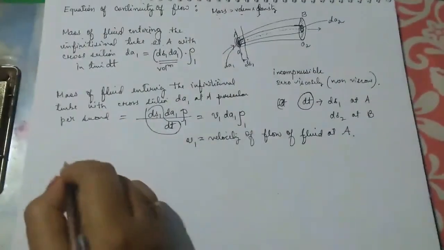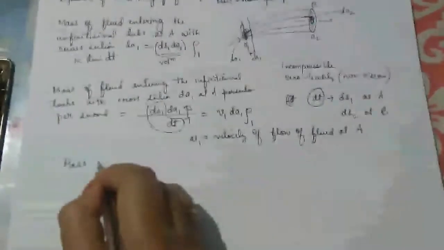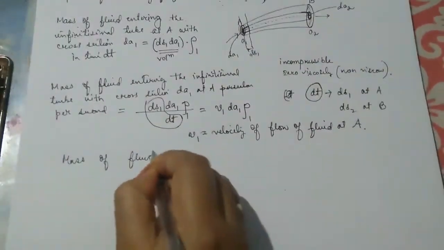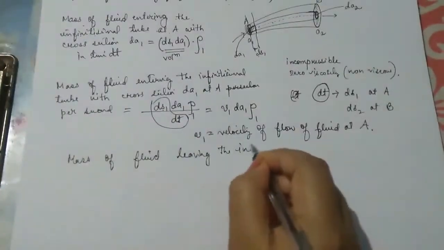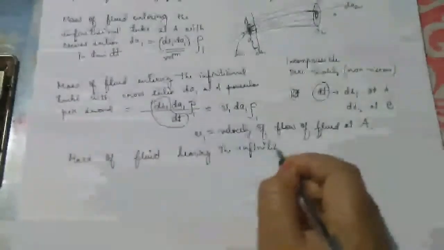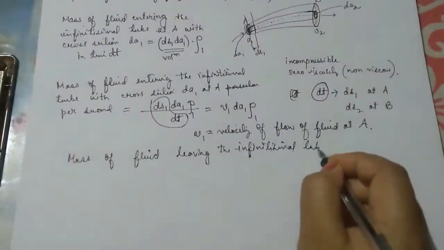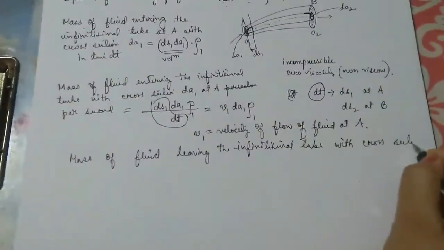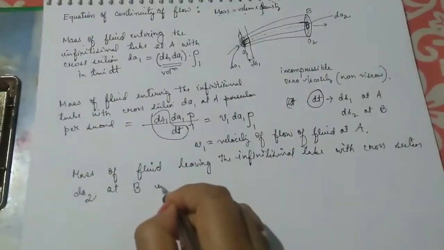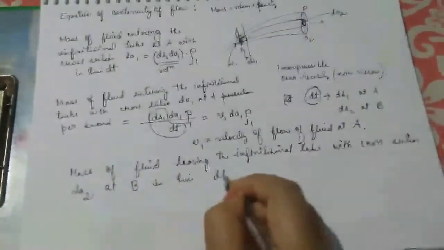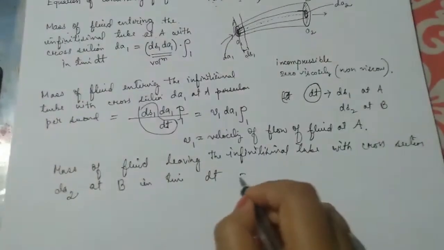So the mass of fluid leaving the infinitesimal tube with cross section dA2 at B in time dt is equal to, again, volume into density.